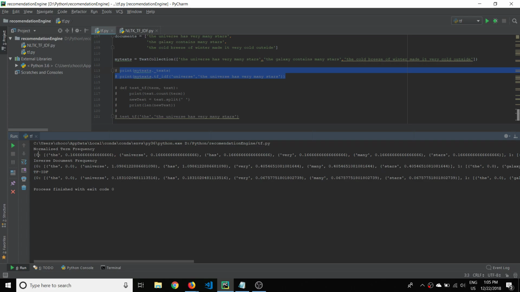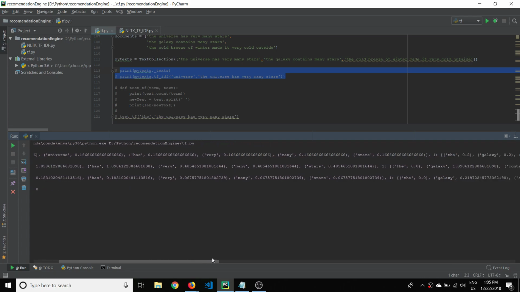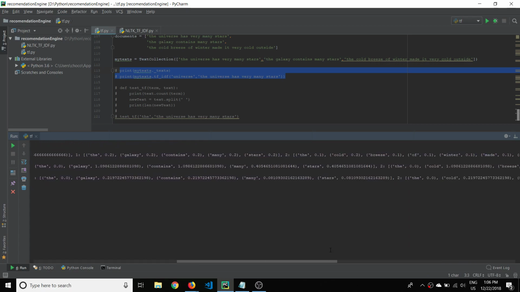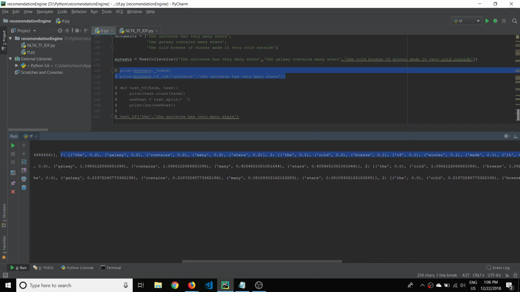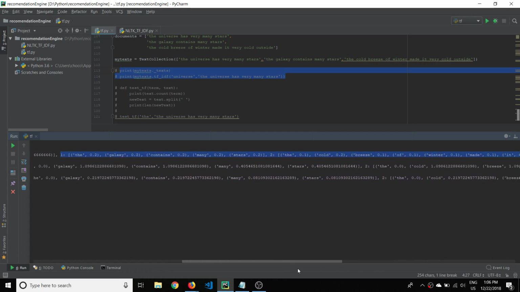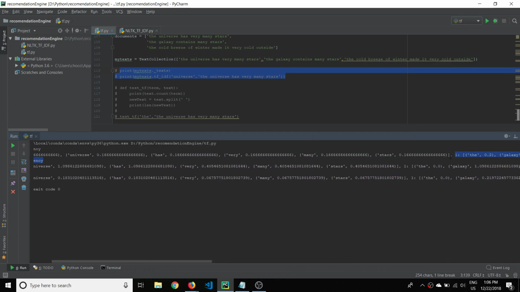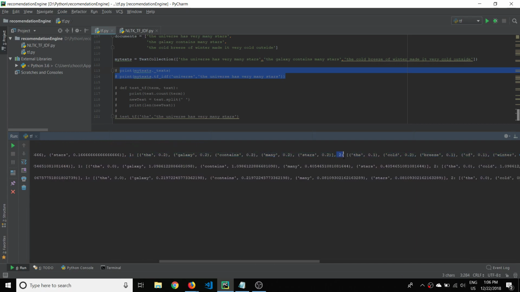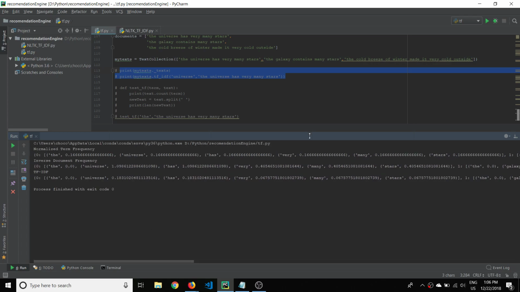You can see this is the first sentence, which is at index 0. And if we scroll over here, you can see index 1, the second sentence, and then the third sentence at index 2, which is right here.